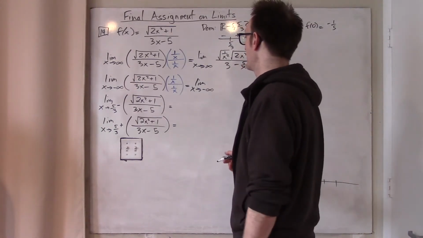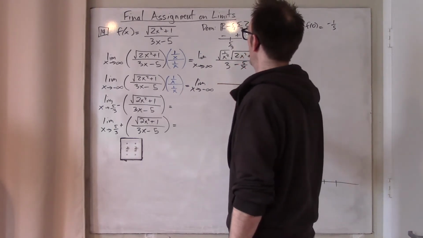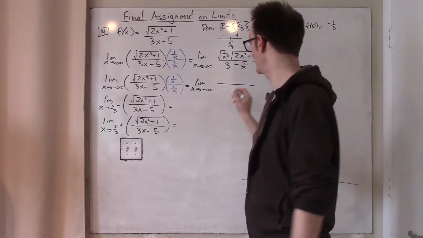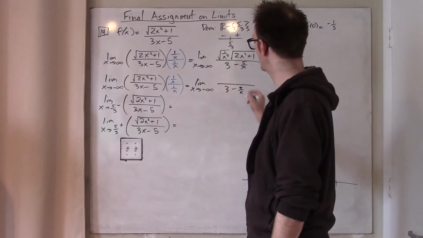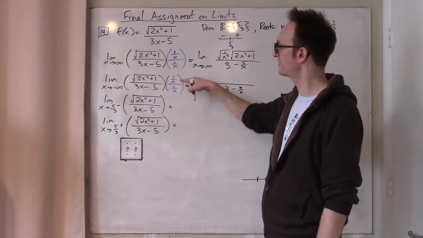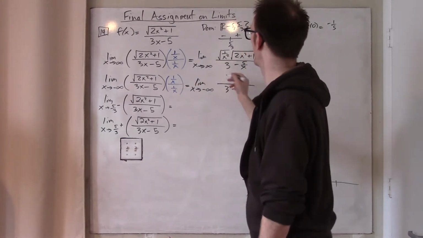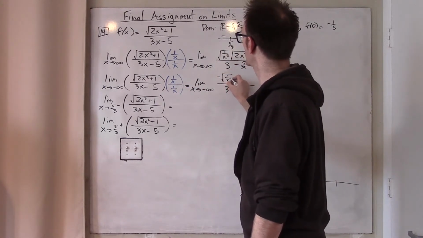In fact, when I choose this algebra step here, and I distribute the 1 over x through, yeah, I get 3 minus 5 over x, but as I've explained a couple other times, 1 over x, when x is negative, is not root 1 over x squared. It's in fact negative root 1 over x squared.